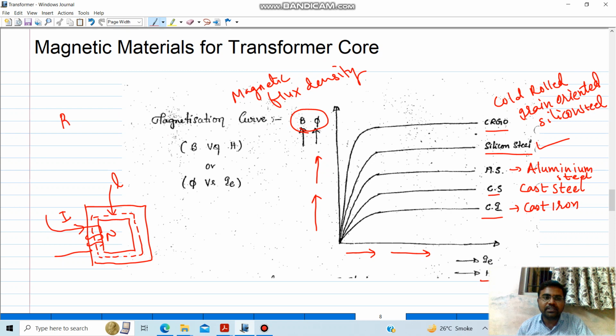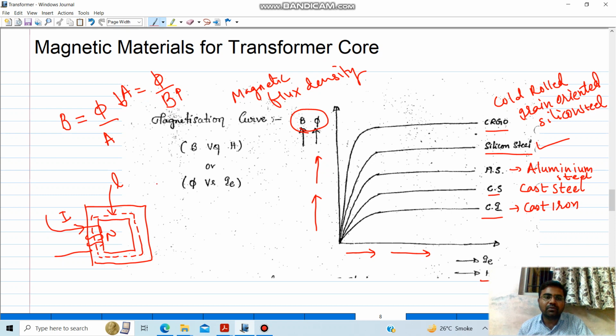As you know, flux density B can be given as flux upon area. So area will be the specific flux in the core divided by flux density. If you select a core material which can offer a larger flux density, then with the same power rating for your transformer, you may have a smaller size core.